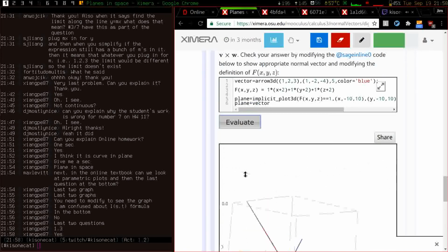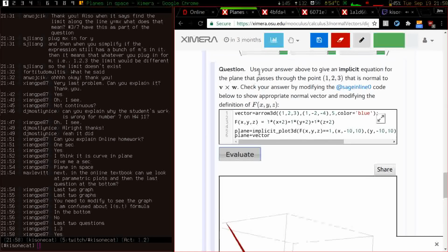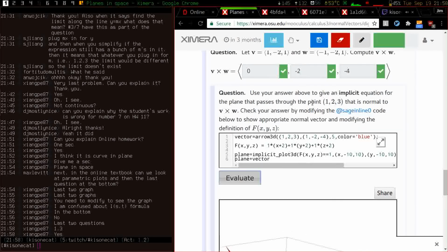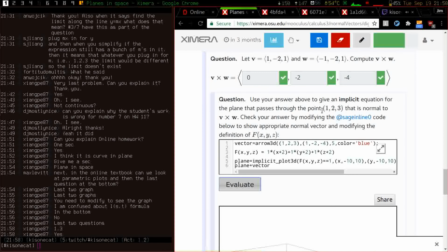Yeah? Okay. So I want to give an implicit equation for the plane that passes through the point 1, 2, 3 and is normal to this. So let's see. I want to draw an arrow from 1, 2, 3. So I'm going to take 1 plus 0, 2 plus minus 2, 3 plus minus 4.